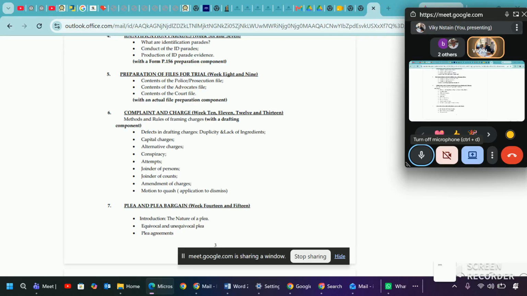So that is the activity that we will resume our next discussion with. Then we analyze a detailed part of the same. Then we go to plea and plea bargaining. We look at the nature of plea and plea bargains in detail.